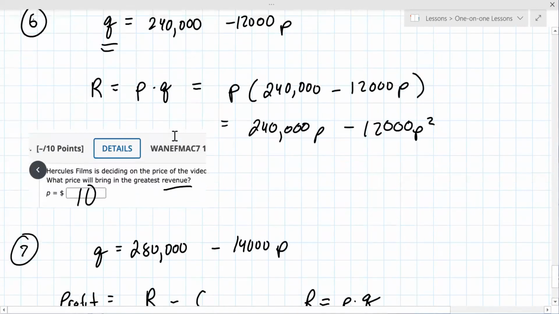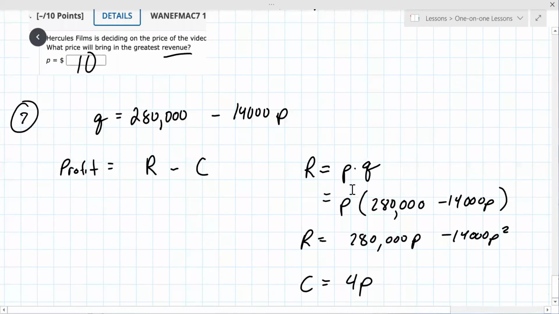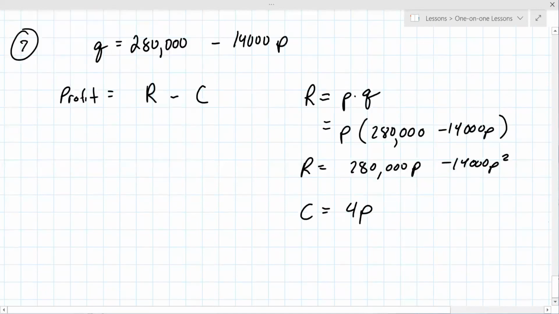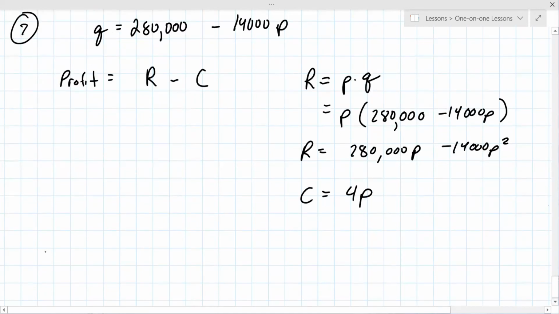Let me just. They do give you. Okay. They switch the variables around in one of these questions upcoming. So profit is this: 280,000 P minus 14,000 P squared minus 4P.